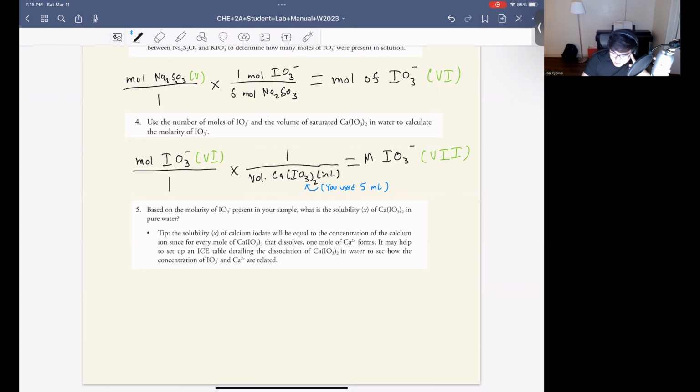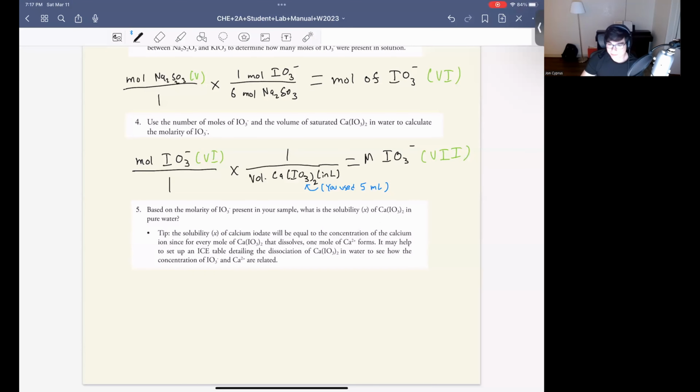It says you want to figure out what the concentration of calcium is, essentially. So since you have to calculate the molarity of calcium in here, because now this is actually due to the stoichiometric ratio, because you have 2 iodates in every calcium iodate. You want to see just what the solubility of calcium is. So what is the concentration of calcium in a saturated solution?